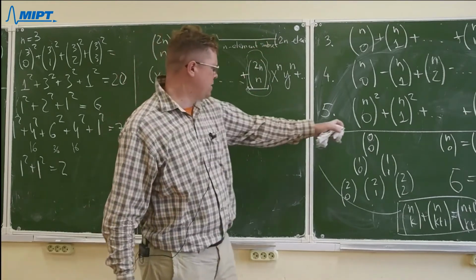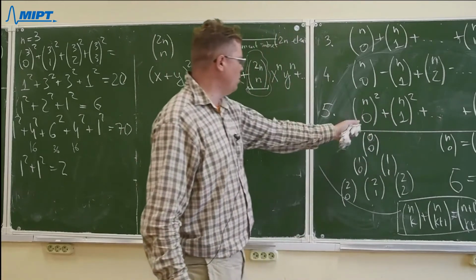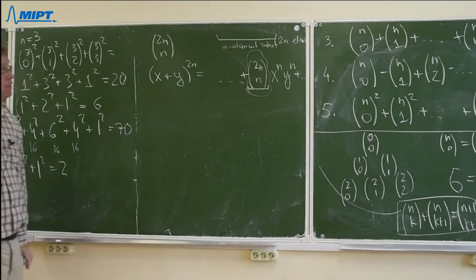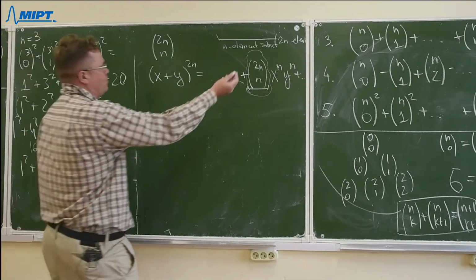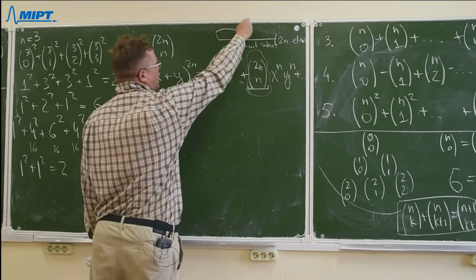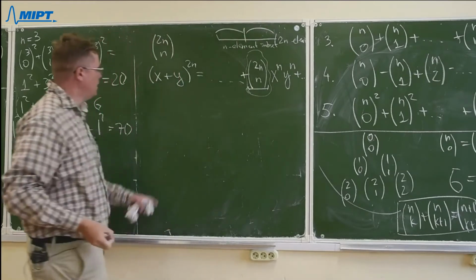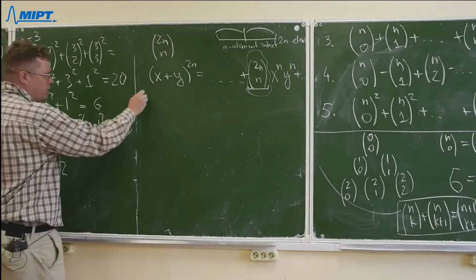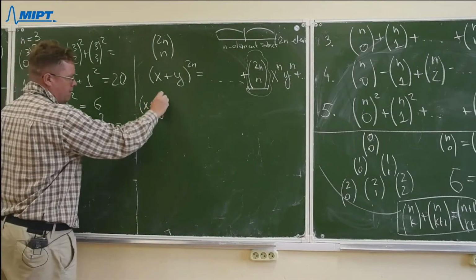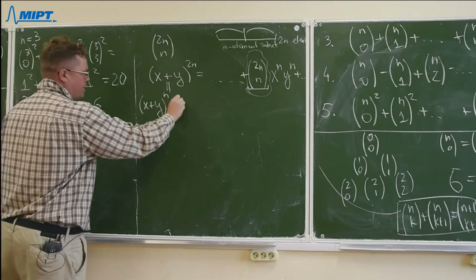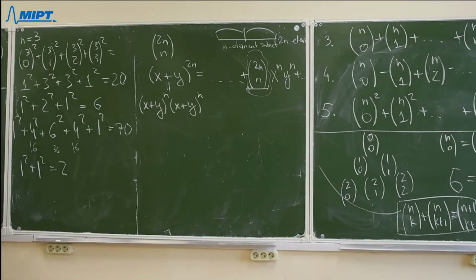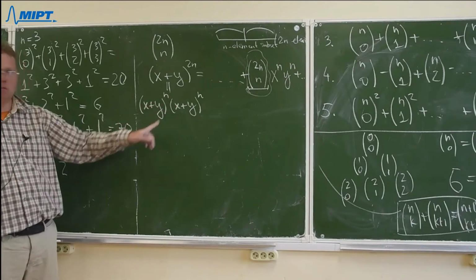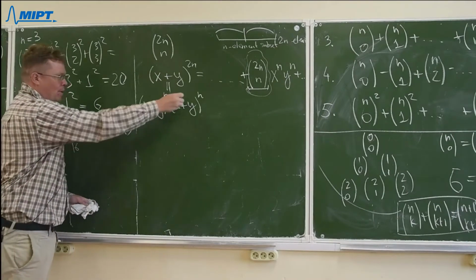But if you look at this formula, all of these are to do with n. So the idea will be looking at, for example, the first n elements, then the second n elements. I can do the same trick and write it as x plus y to the power n times x plus y to the power n.